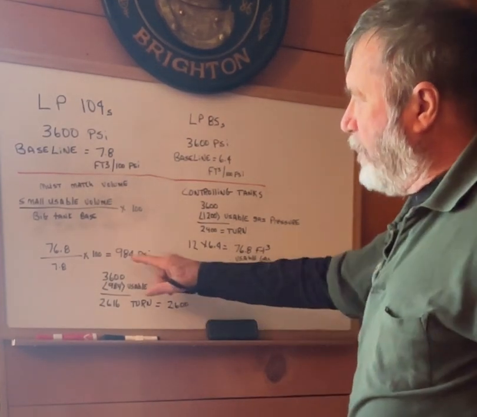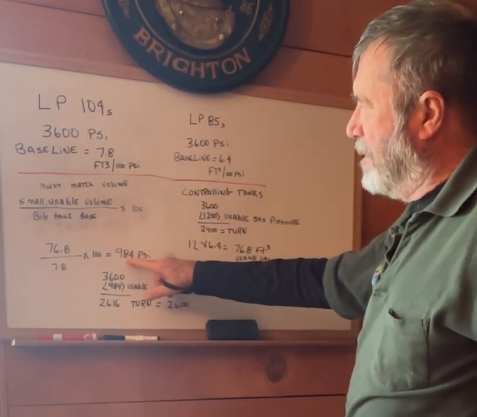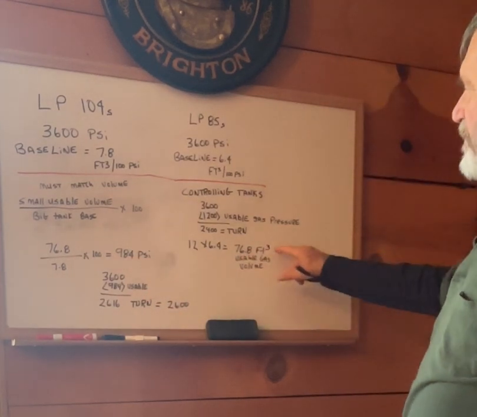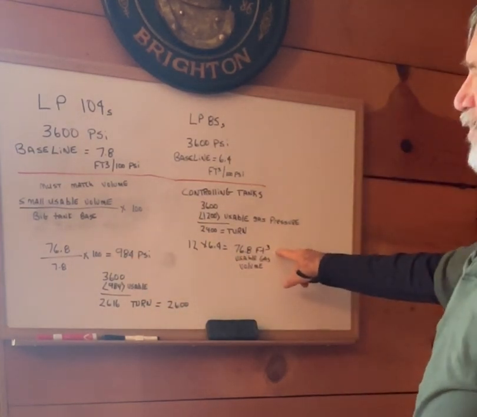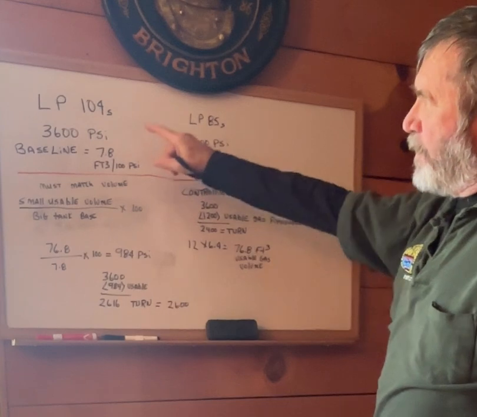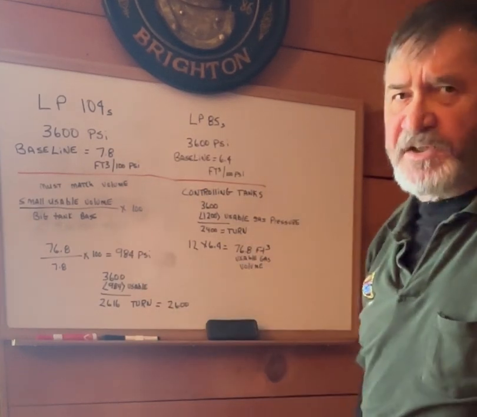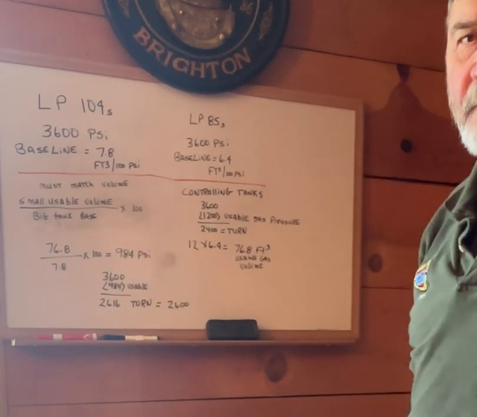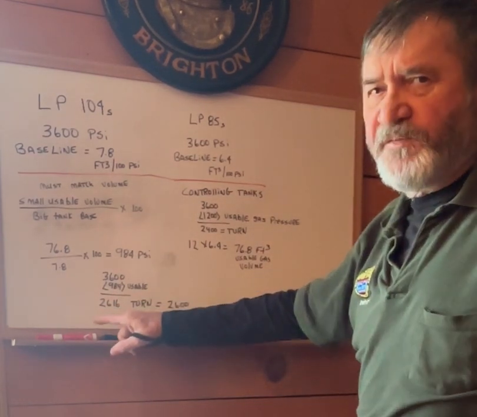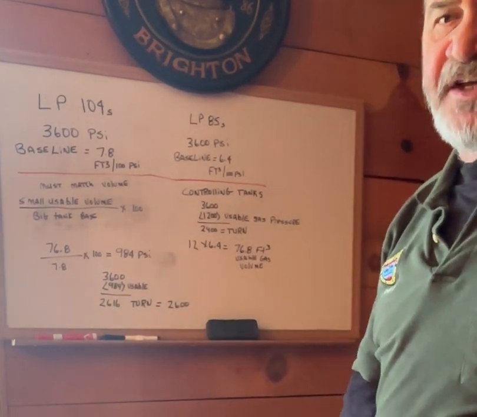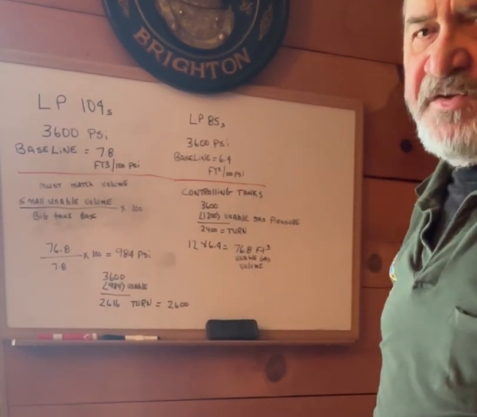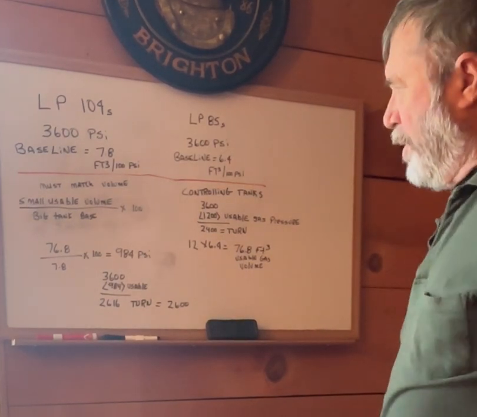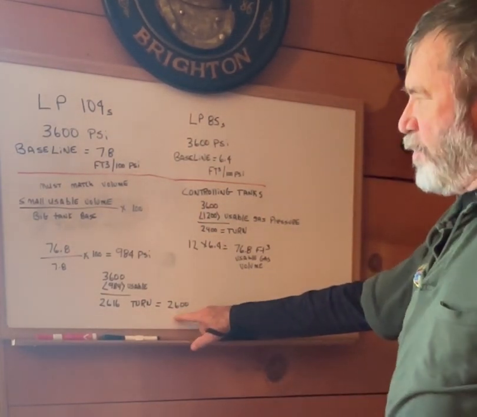And that 984 psi is the same as 76.8 cubic feet in these tanks. So to determine the turn pressure, we take 3600, subtract 984 from it, and we get a turn pressure of 2,616 psi, and we simply round that number to 2600 psi.